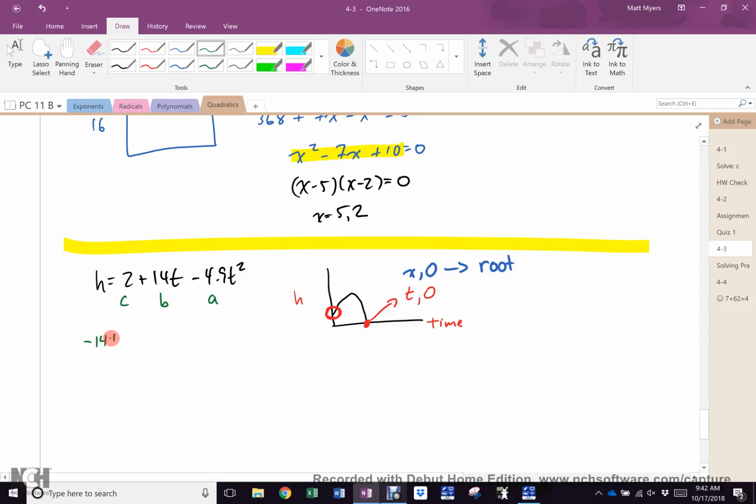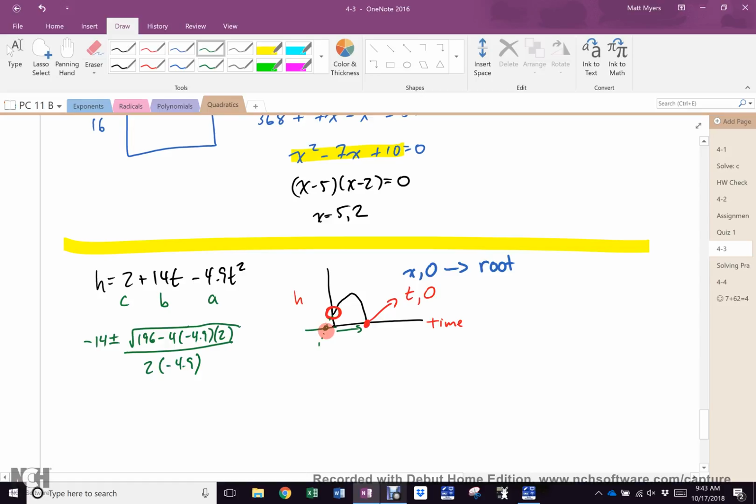Negative 14 plus or minus the square root of 196 minus 4 times negative 4.9 times 2 over 2 times negative 4.9. Yes? Blech. We would do all that work and we would get 2 answers, wouldn't we? One of those answers would be positive, yes? And the other one would be negative. Why don't we count it?